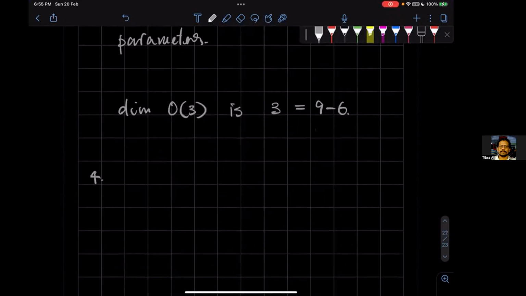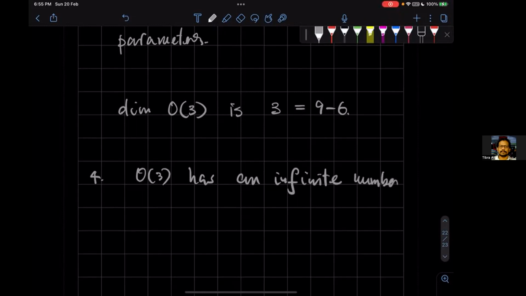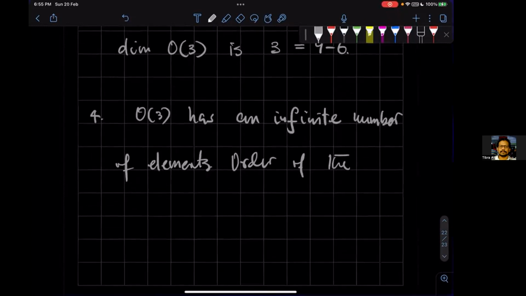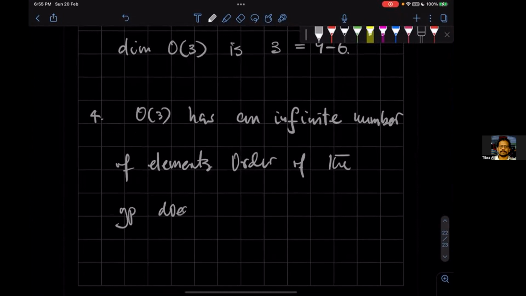And then number 4 is that O3 has an uncountably infinite number of elements, right? This is not a finite group. So that means that the order of the group doesn't make sense anymore.